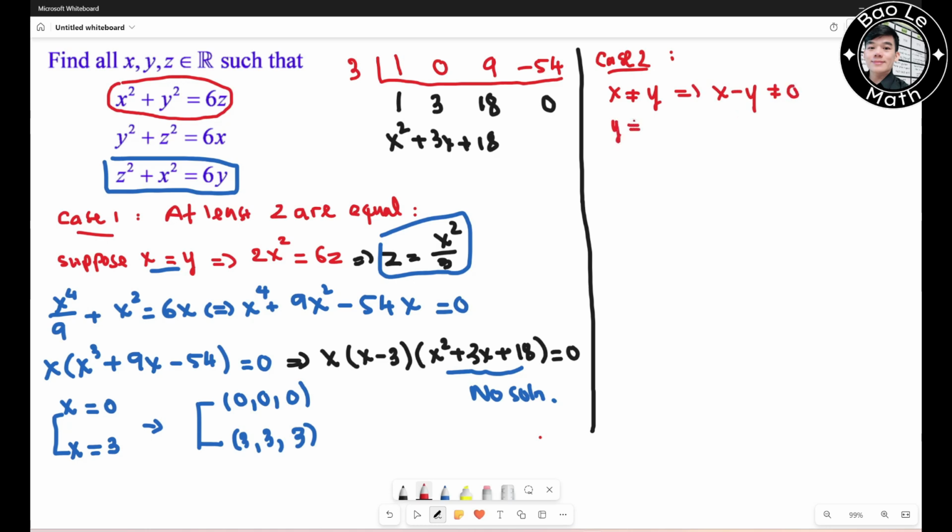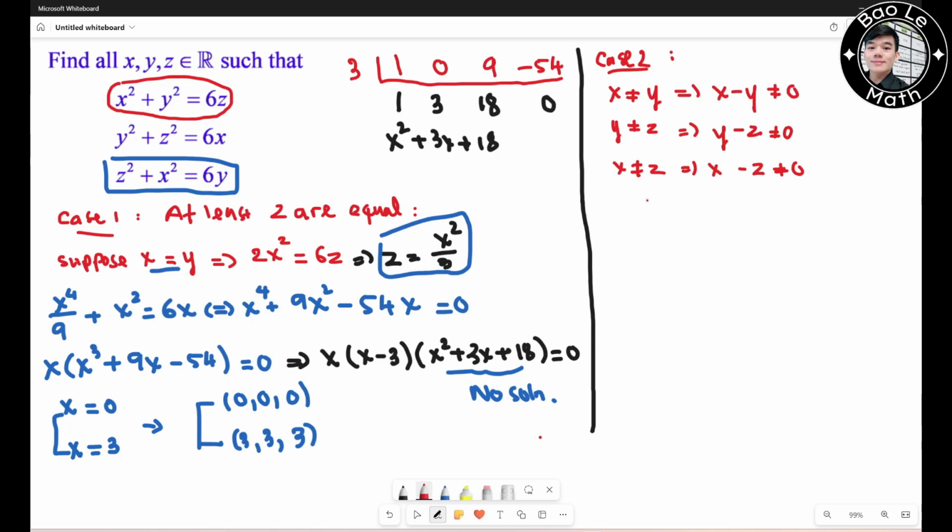Y different from z, then y minus z must be different from 0. And x different from z, then x minus z should be different from 0. Now we're going to subtract these equations vertically. I subtract the second one from the first one.